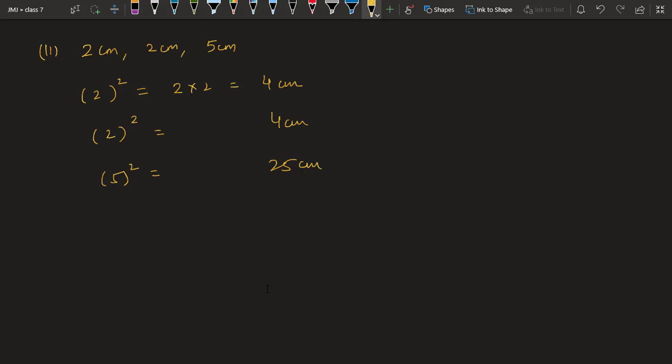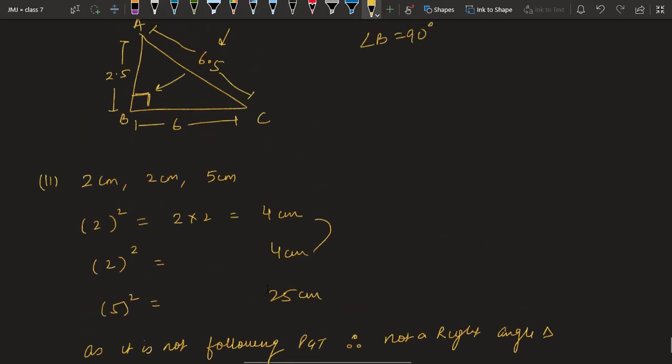And you can check, 4 plus 4 is 8 but not 25. So it is not following Pythagoras theorem. As it is not following PGT, therefore not a right angle triangle. Okay.